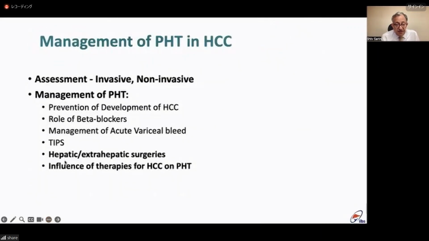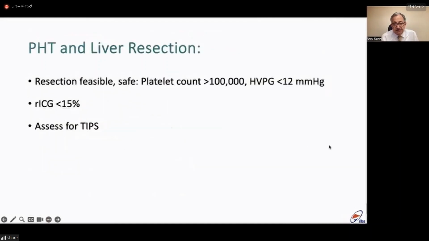Now I will briefly touch upon hepatic and extrahepatic surgeries and the influence of other therapies. Resection is a common therapy for HCC in cirrhosis. Resection can be done safely if the platelet count is above 100,000 and HVPG is less than 12, or there is an ICG retention of less than 15%, suggesting the patient has a good functional reserve for the liver.